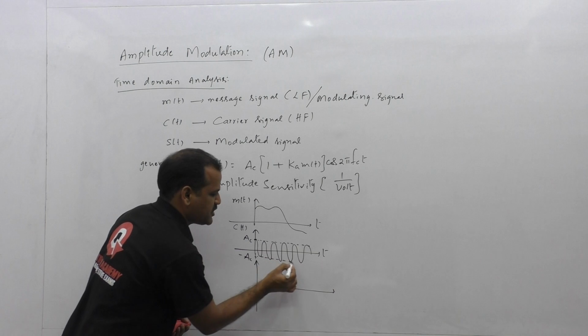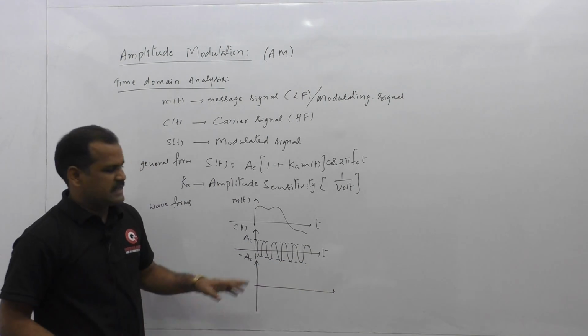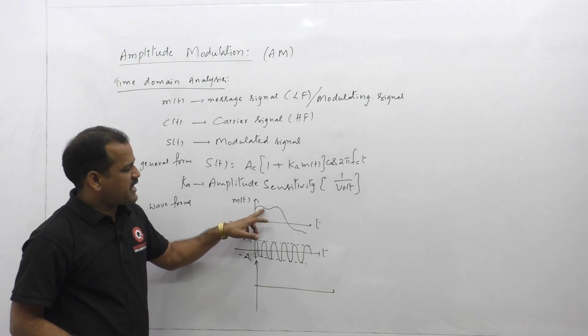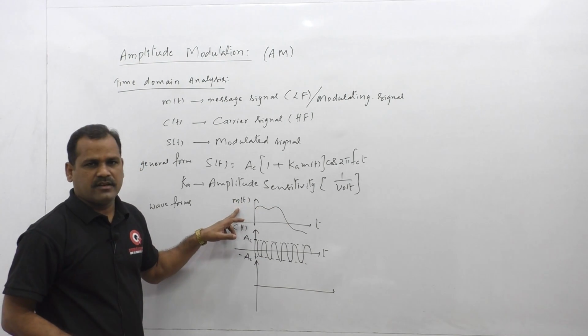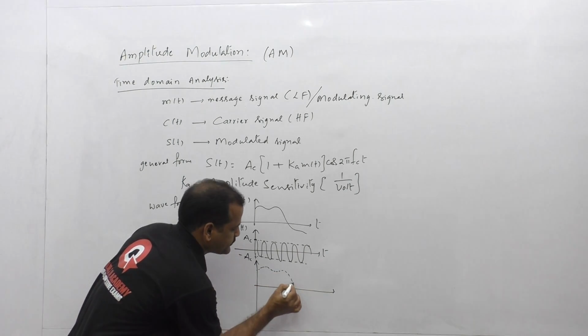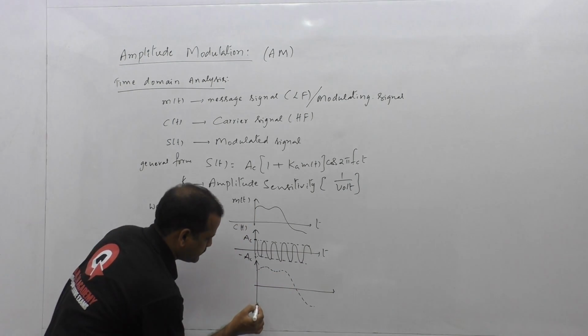So from the definition of amplitude modulation, the amplitude of this carrier signal should vary depending upon the instantaneous value of this message signal. That means, first let us consider the instantaneous values of this message signal like this.